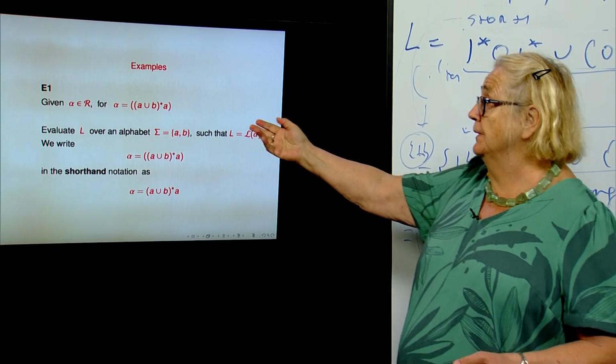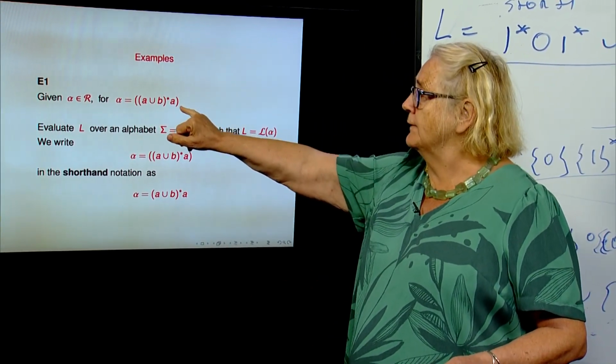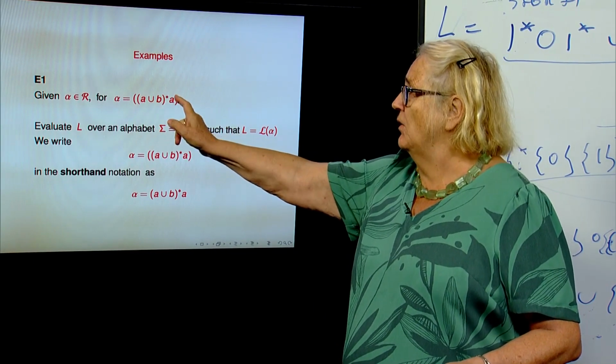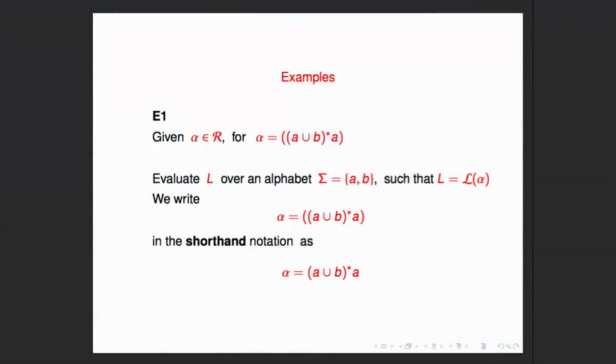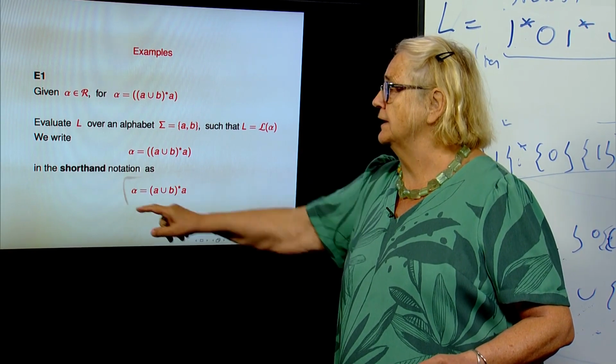So for example, if you have this regular expression, now when you look at it, you can say, oh, I don't need those parentheses. So I can shorten it. But I need those because this is union star, so this is a shorthand.